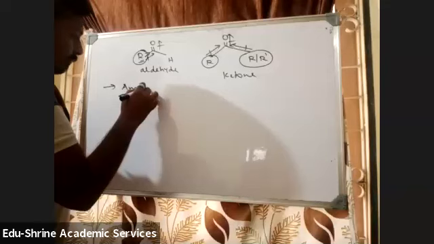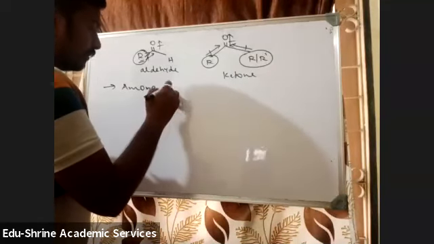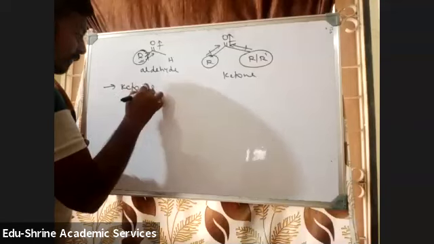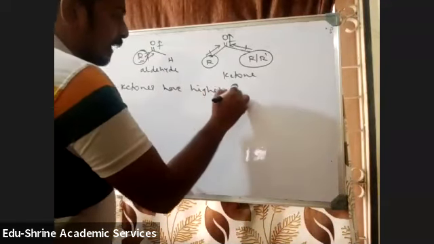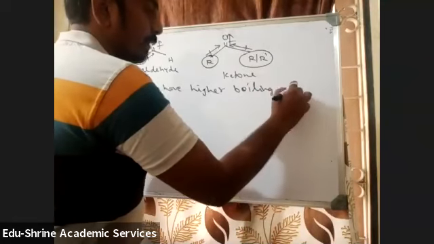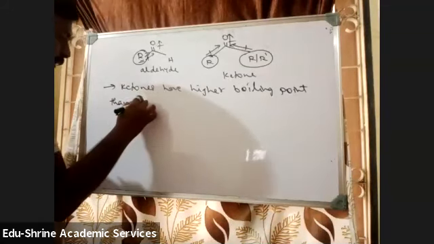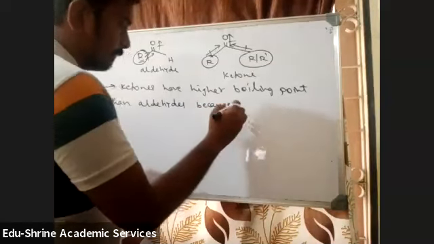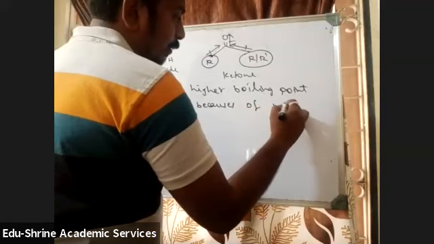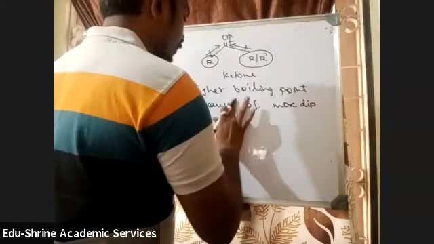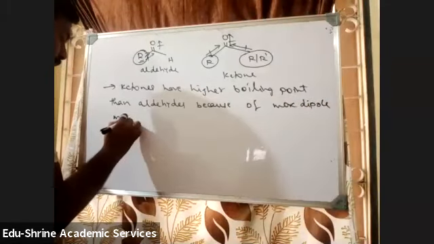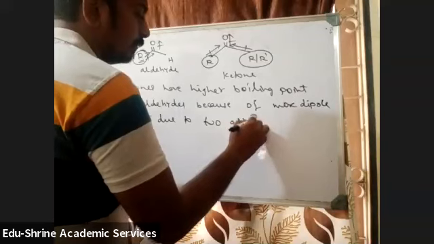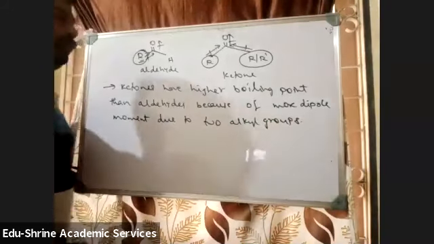Between aldehydes and ketones, ketones have higher boiling point than aldehydes because of more dipole moment, due to two alkyl groups.